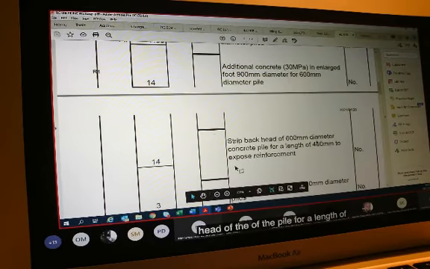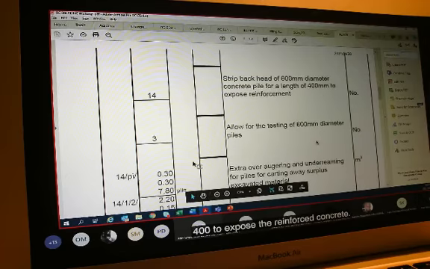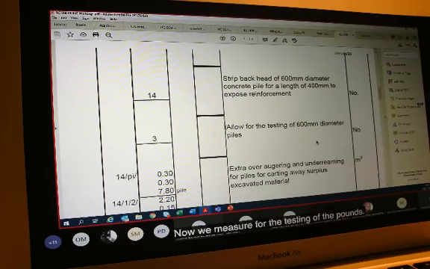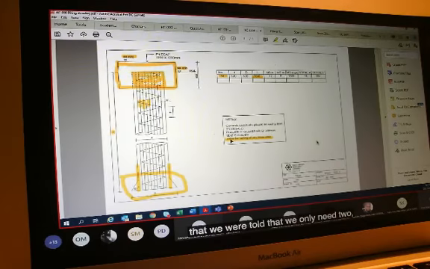So you'll have a shear joint, a construction joint over there, what you call a shear joint. You guys know that, you deal with these. So we would now strip back the top of the head of the pile for a length of 400 to expose the reinforced concrete.